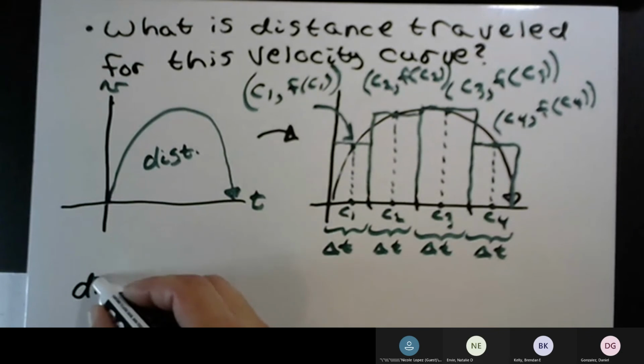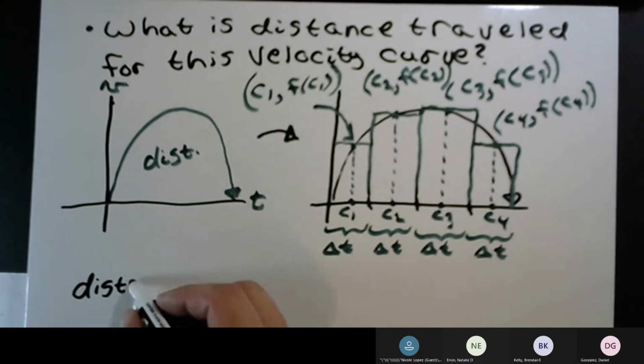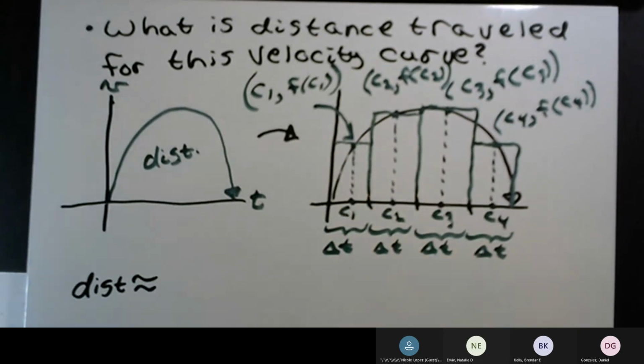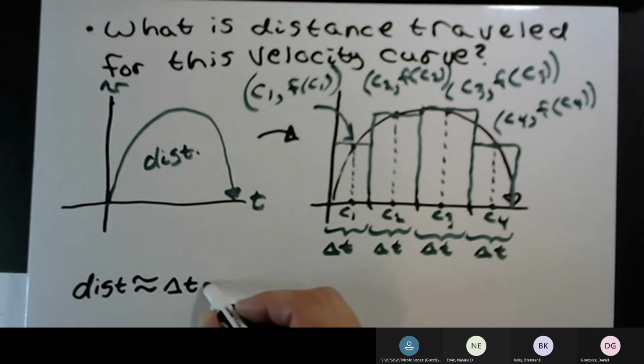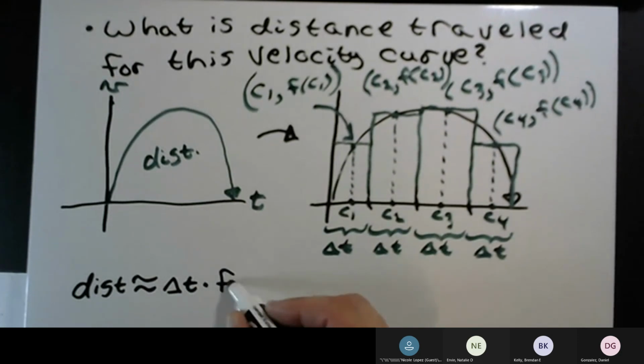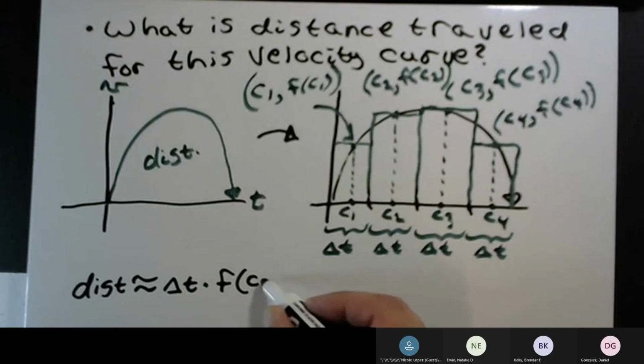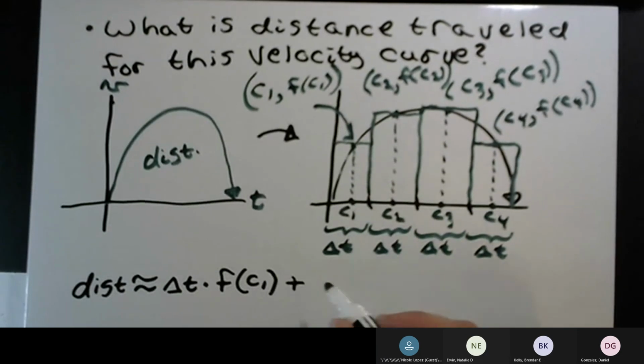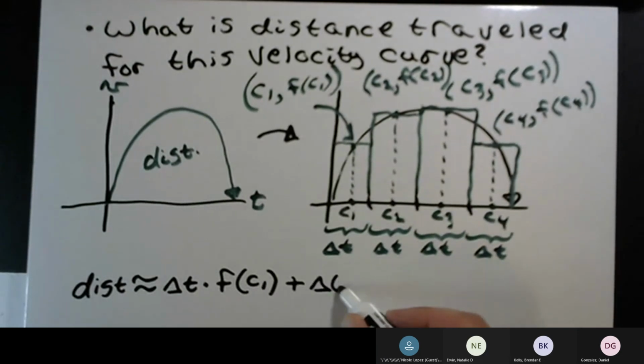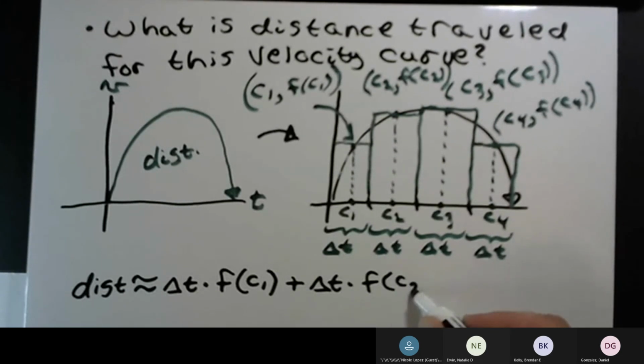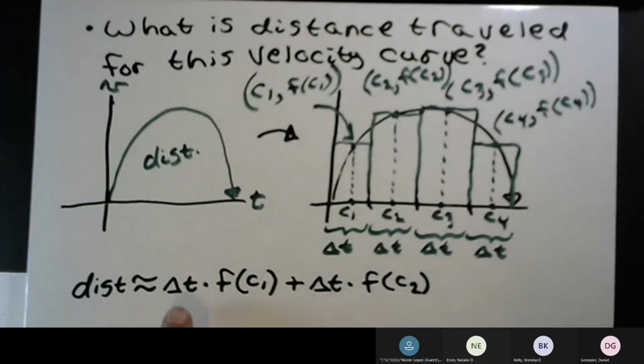So the distance in this case, which is the same as the area, will be delta t times f of C1 plus delta t times f of C2. And again, that's the area.